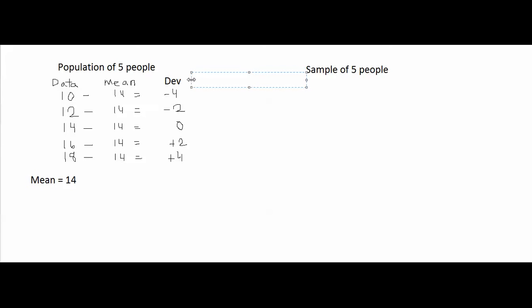I can just skip to the squared deviations. The whole point of doing the absolute deviations is to be able to get the average of those absolute deviations, which is what the MAD is.